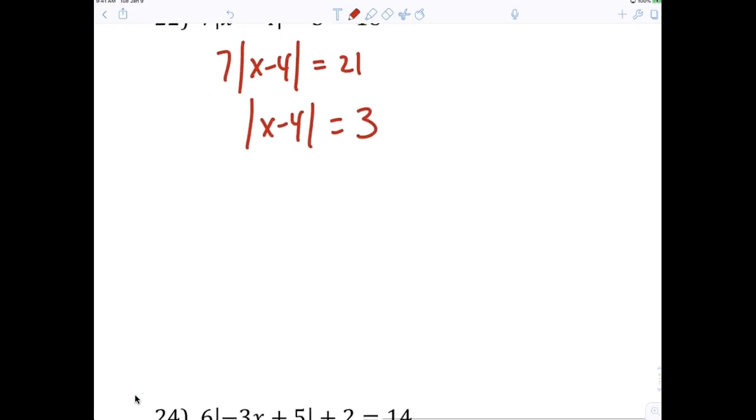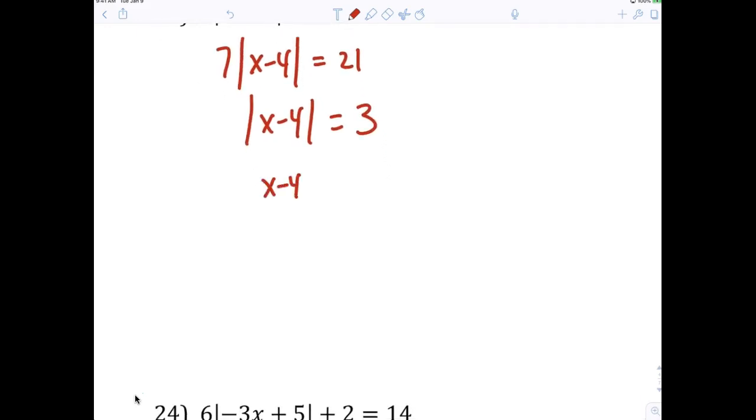So now x minus 4 equals 9. Then x equals 7, or x equals 1. Good.